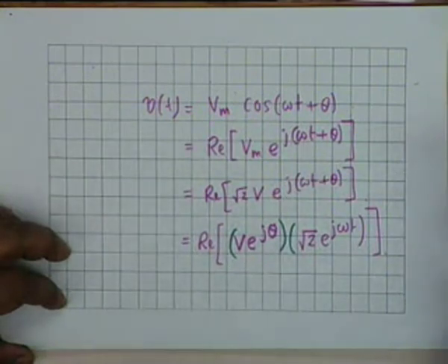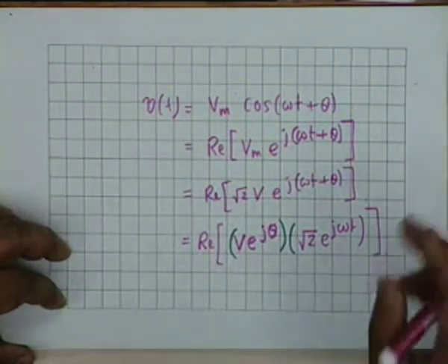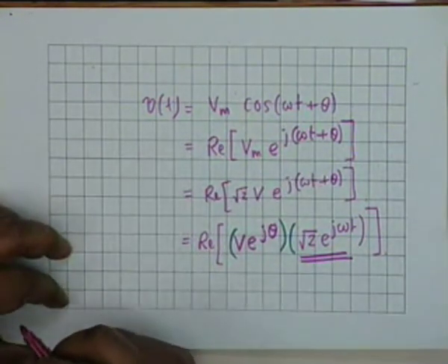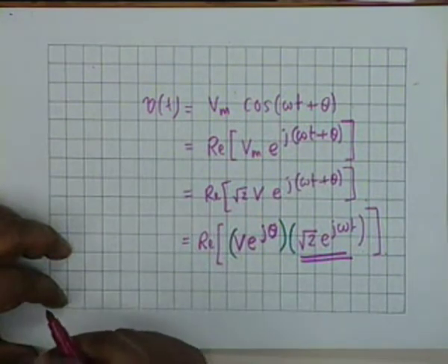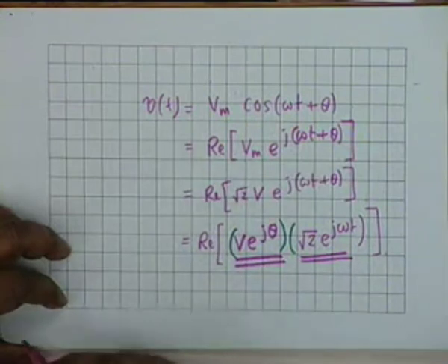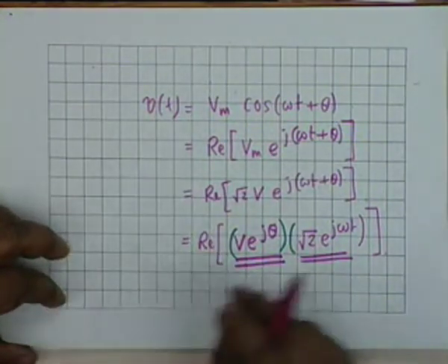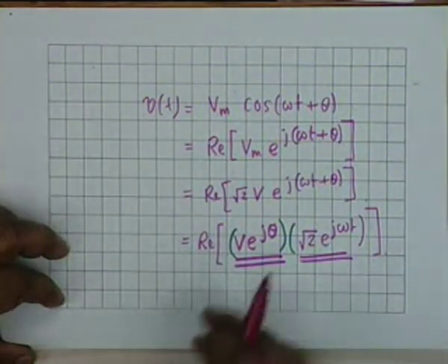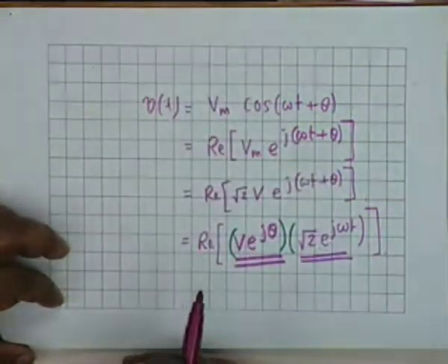And therefore all currents and voltages shall have this as the common thing, root 2 times e to the j omega t. All currents and voltages in the circuit shall have this. Therefore this quantity V e to the j theta is as if an identifying factor for the voltage V of t.